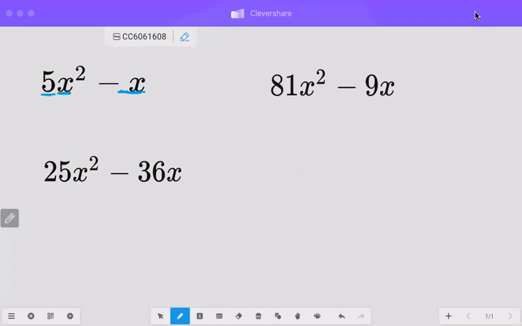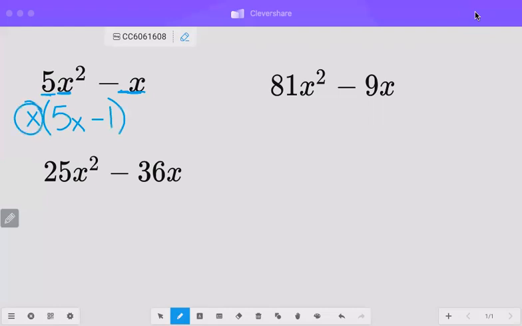So we can bring an x out front, and then what's left over, we're just going to take our x power, and it's going to go down by 1 since we're bringing one of the x's out front. So 5x squared is going to become just 5x. And then the minus x that we have there, that's just going to become minus 1 because our x is right here on the outside.